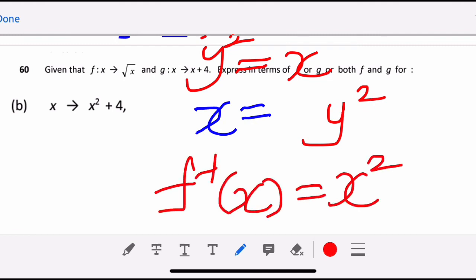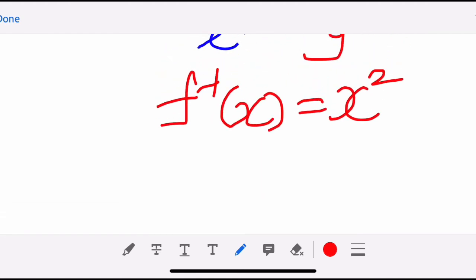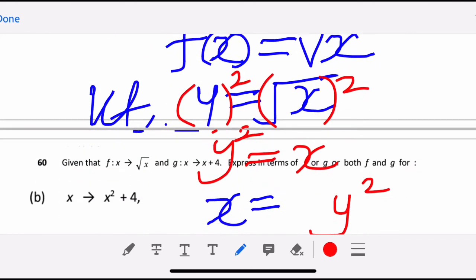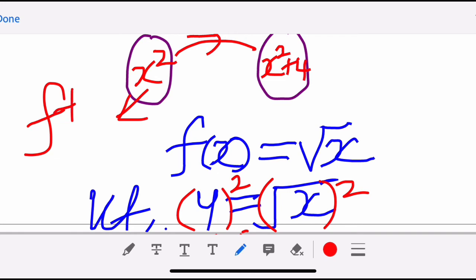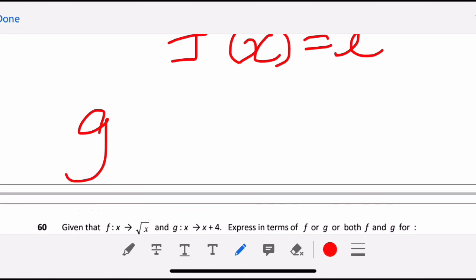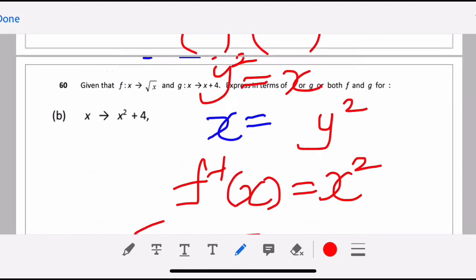All right. So if you try to understand, the reverse of square root is you square, right? So it's inverse. Okay, so that means you should know that just now here, x squared is what function? x squared is the inverse of f, right? So that means the function g should bring the object to x squared plus 4.